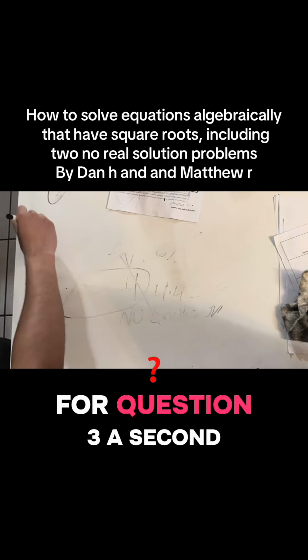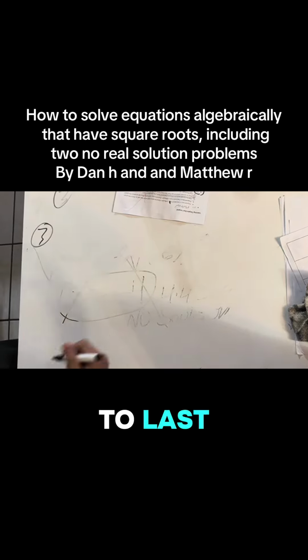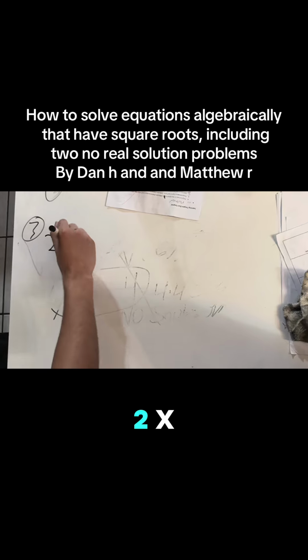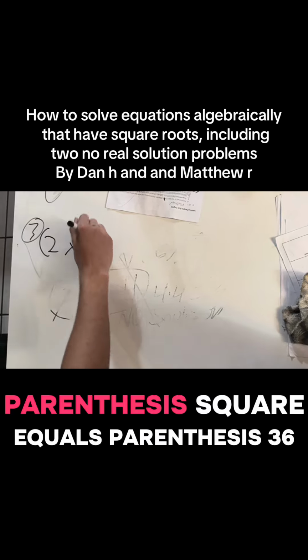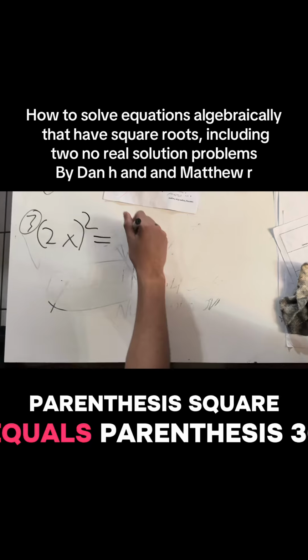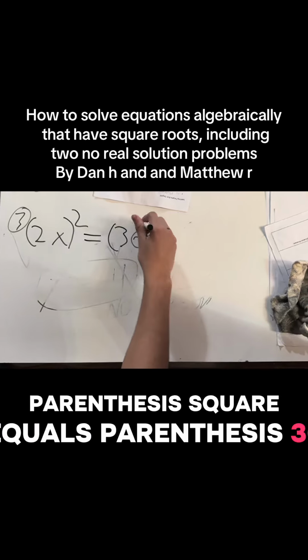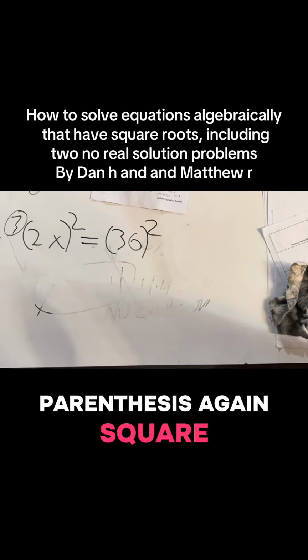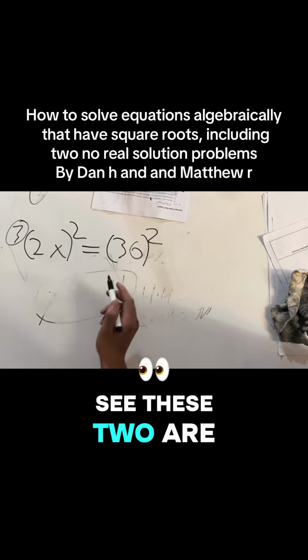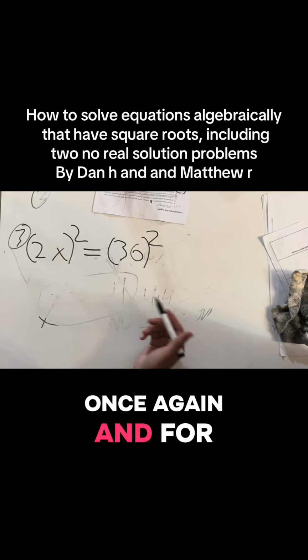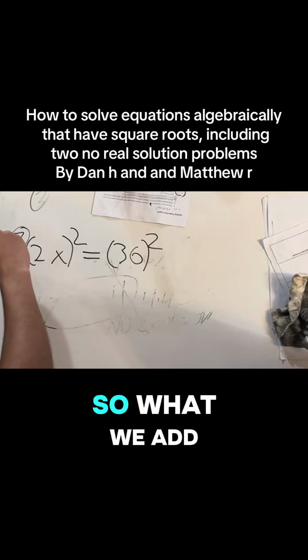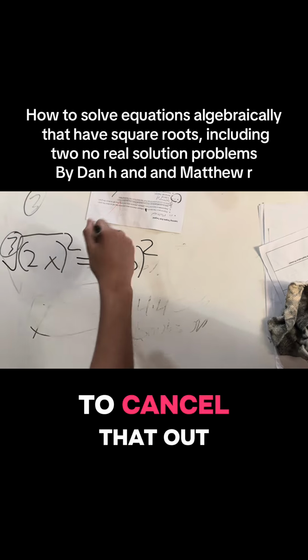Okay. All right. For question 3, second to last, our question would be 2x parentheses squared equals parentheses 36 parentheses again squared. So as you can see, these two are once squared once again, and for every equation like this, we don't want that. So what we add is a square root to cancel that out.